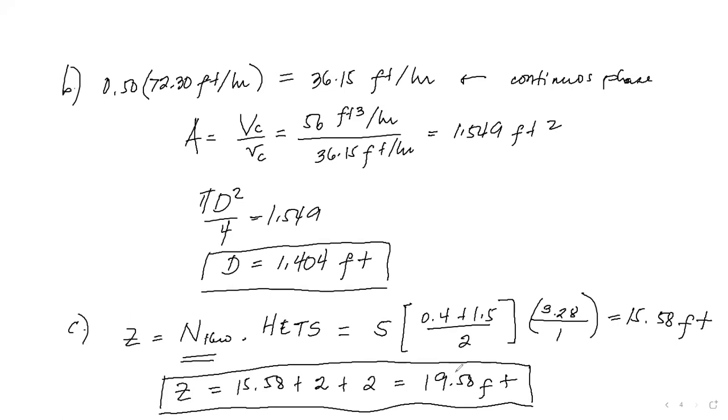Okay? That's for this problem that illustrates the use of the flooding correlation diagram and the two tables where you are to get the surface area, the void fraction, and the HETS. Now let's go back to our slide.